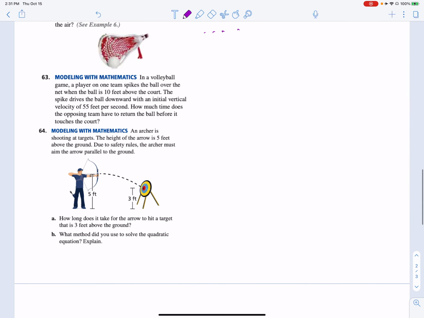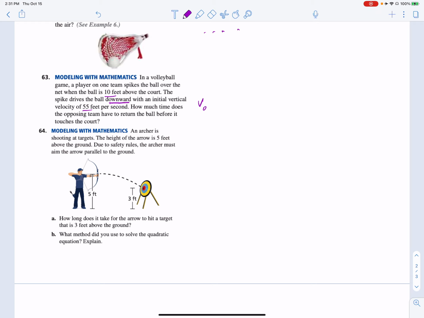And then in 63, a volleyball player spikes the ball over the net when the ball is 10 feet above the court. So there's your initial height. And the spike drives the ball downward with an initial velocity of 55.